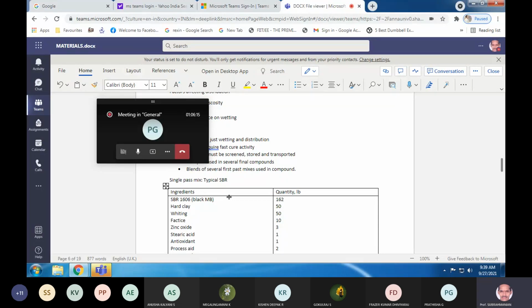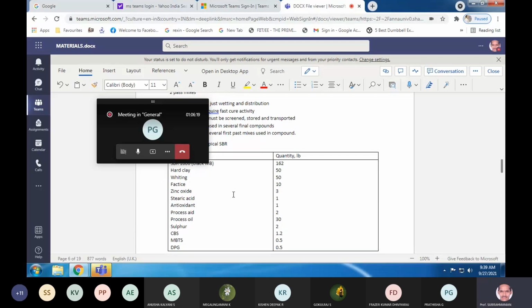Why single-stage? Just look at the recipe. You yourself will make out this rubber compound will not create any problem in single-stage mixing, right? Just spend a little time in reading the composition.